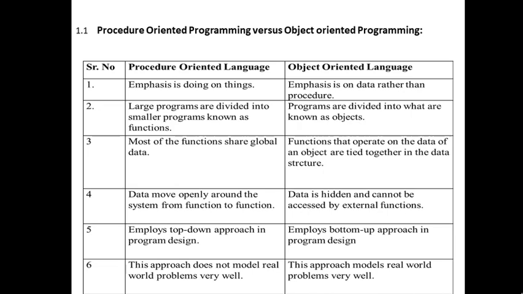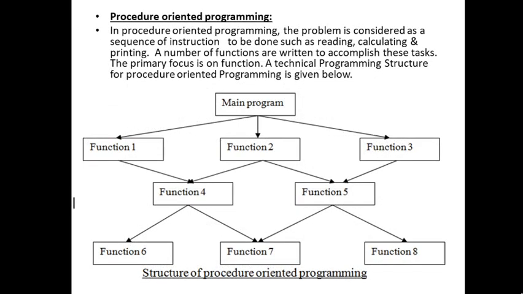Now fourth, data moves openly around the system from one function to another. This is clear by using this diagram. Here you can see the main program calling function 1, function 2 and function 3. Similarly, you can observe function 4 has been called by function 1 and function 2.